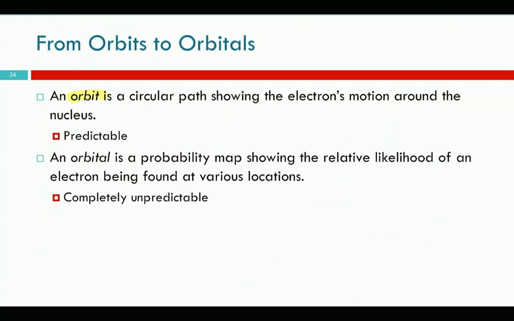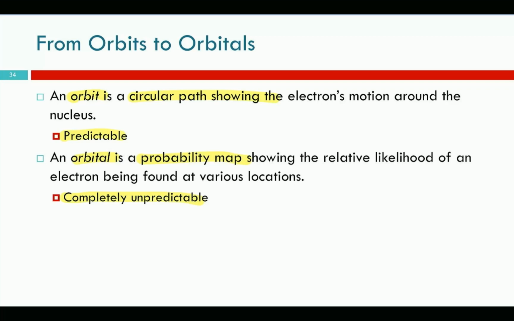So in orbit, again, it's a circular path showing the motion around the nucleus. It's predictable. An orbital is a probability map, meaning it's an area in which we say that it will probably be, and they are completely unpredictable. You cannot predict where the electron is going to be at any given moment.